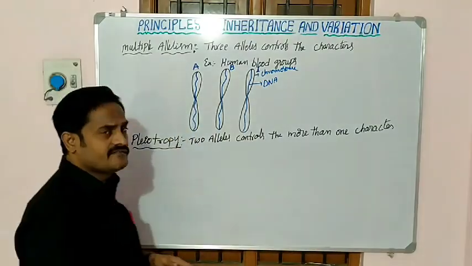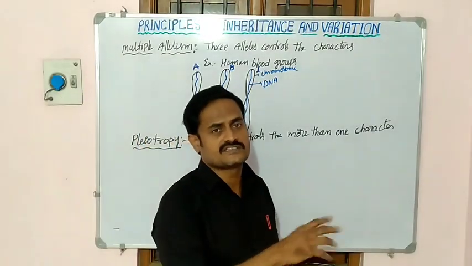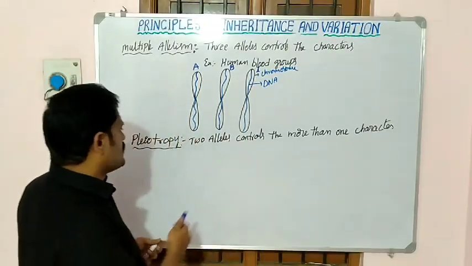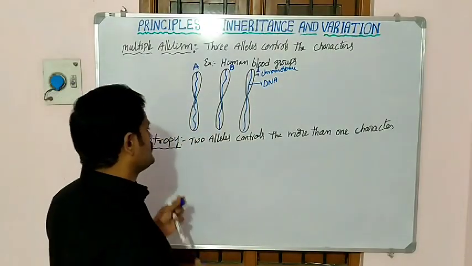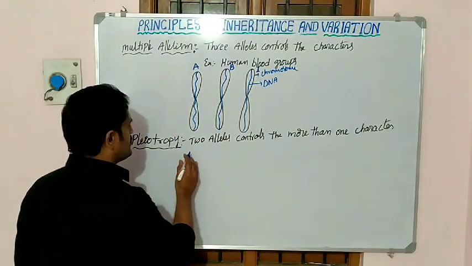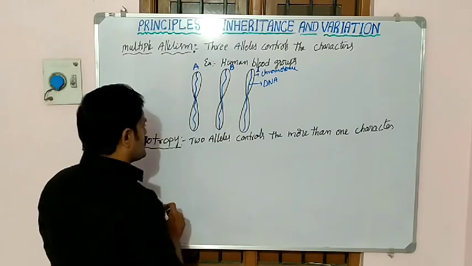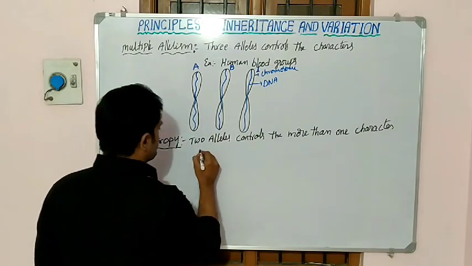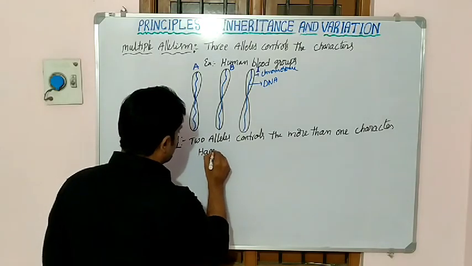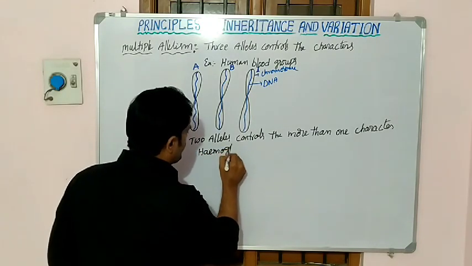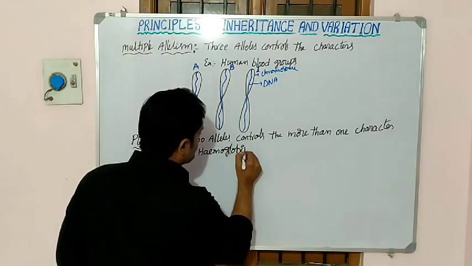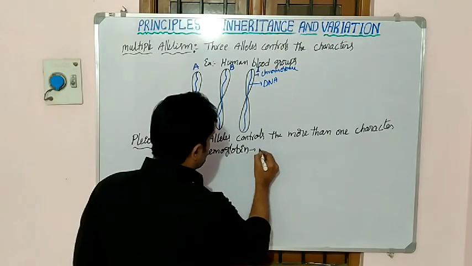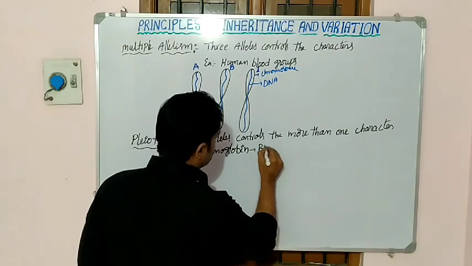Okay, I will give two examples for this pleiotropy. First, I am going to give one example in hemoglobin. The hemoglobin is present in the blood.